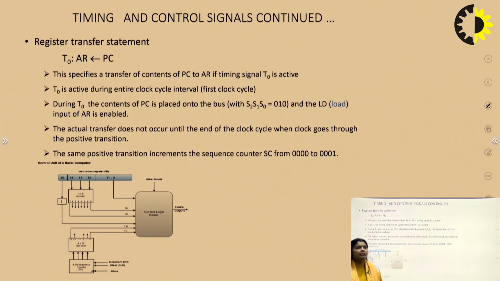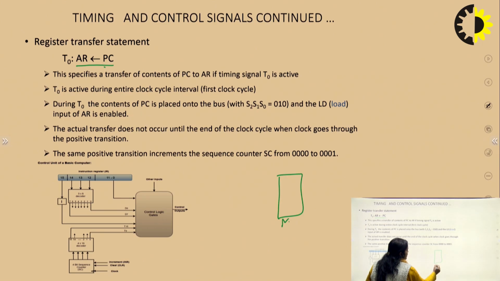Fine. Now, the first timing signal, T0, is AR gets PC, that is PC to AR. PC is the program counter. You have a memory containing some data. Suppose you want to access the f1.txt file, and this file resides at address 2004. That is the physical address of f1.txt, the currently executed address.